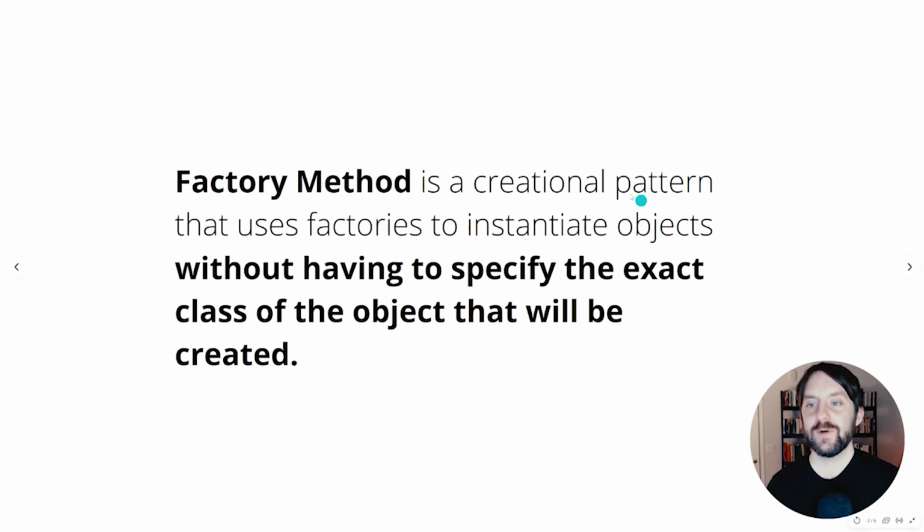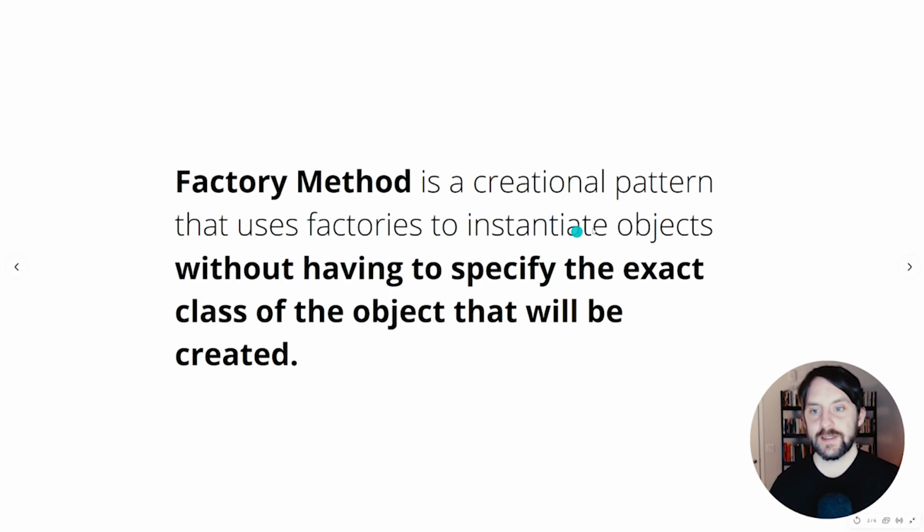So we know we're dealing with a creational pattern that uses factories to instantiate objects. When we talk about factories within the context of object-oriented programming, we mean methods or functions or other objects that create new objects. The return types from factories are going to be new instances of objects themselves. And the factory is going to isolate or encapsulate that behavior of creating some new object.